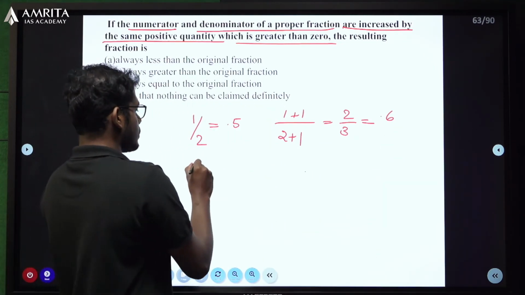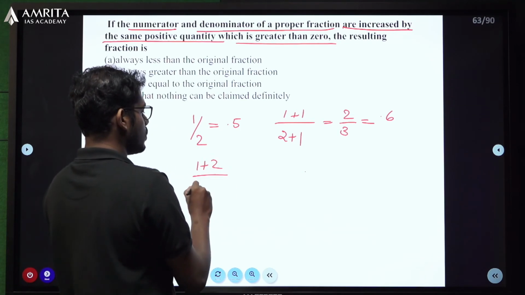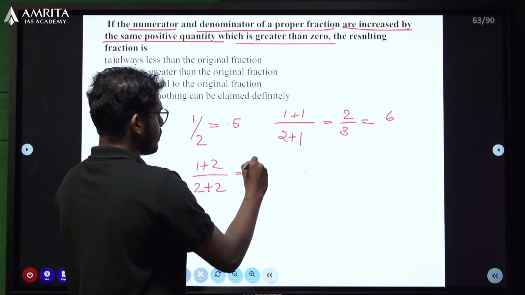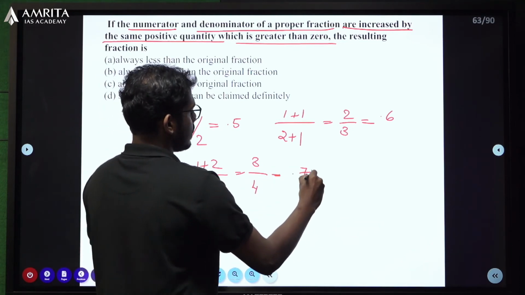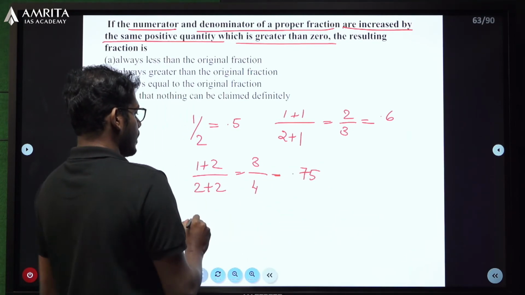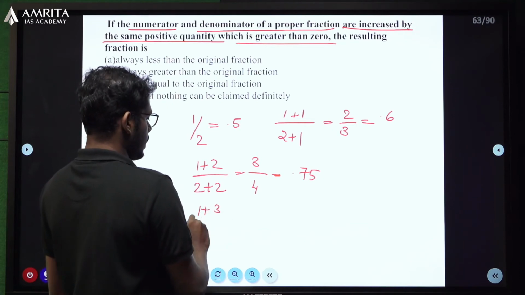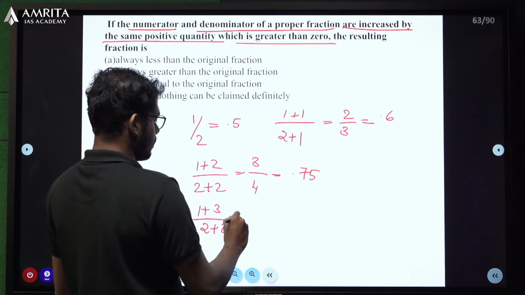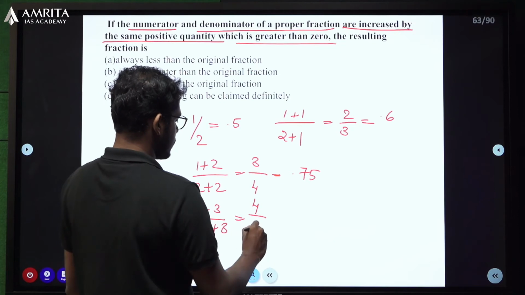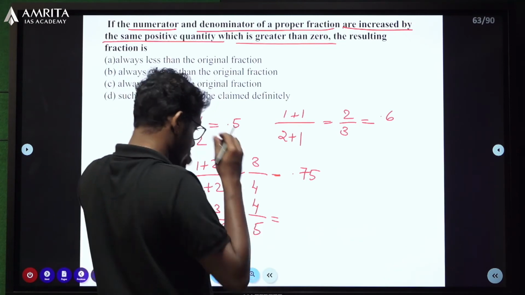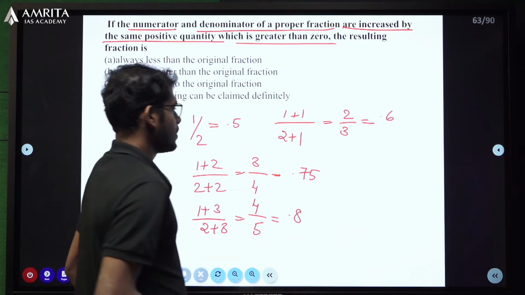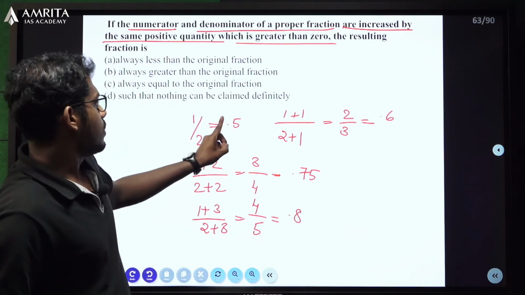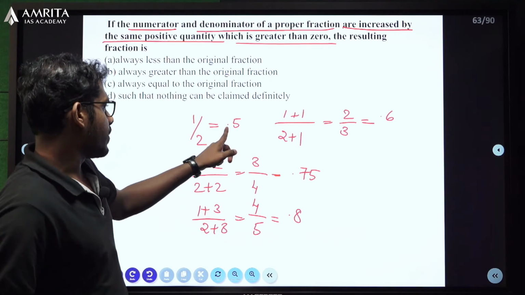Suppose 2 is added: 1 plus 2 divided by 2 plus 2, 3 by 4 is 0.75. Let's take 1 plus 3 divided by 2 plus 3, that is 4 by 5, which is 0.8.